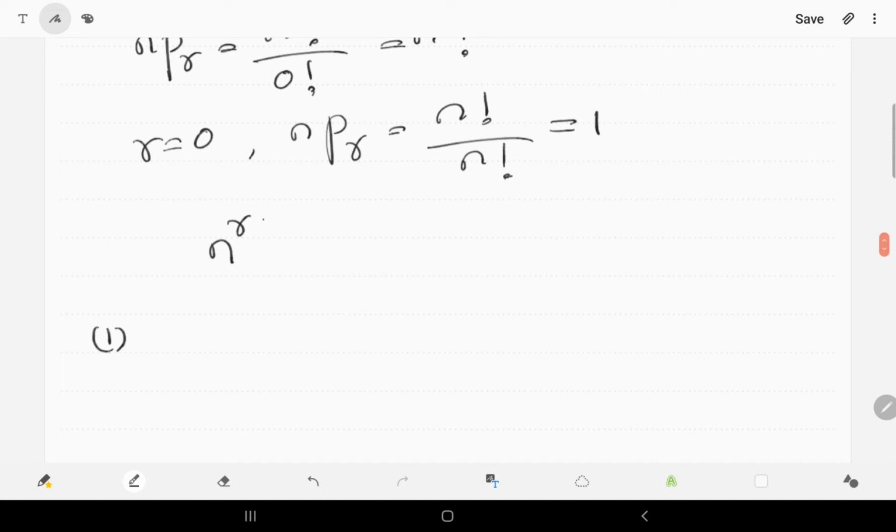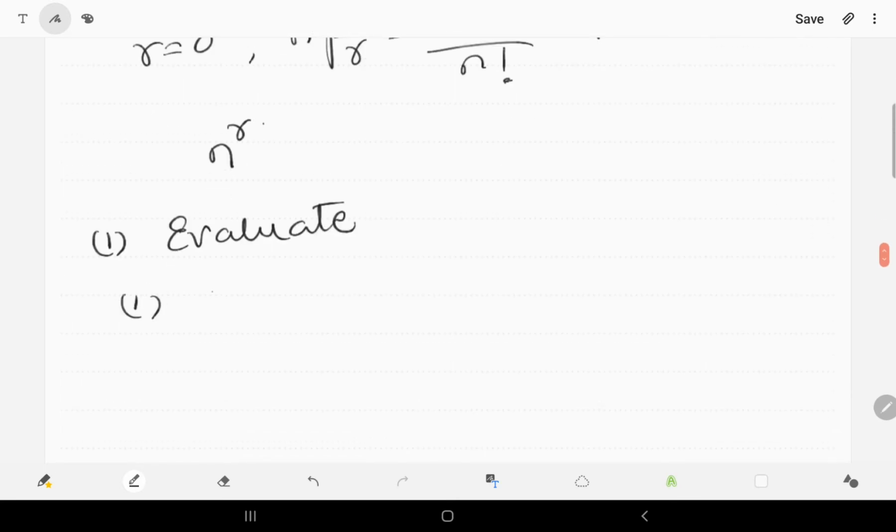First one, evaluate 20P4. That is equal to 20 factorial divided by (20 minus 4) factorial, that is 16 factorial.